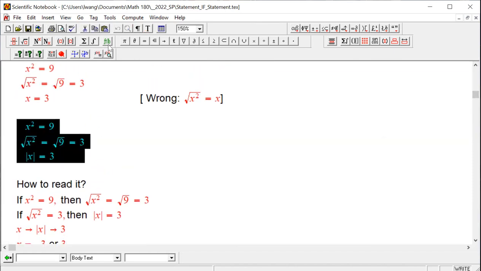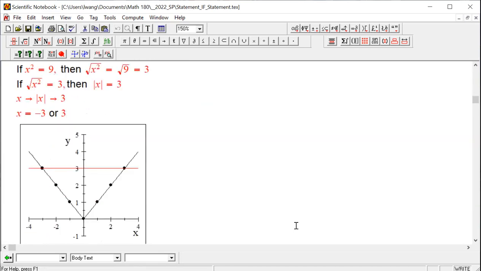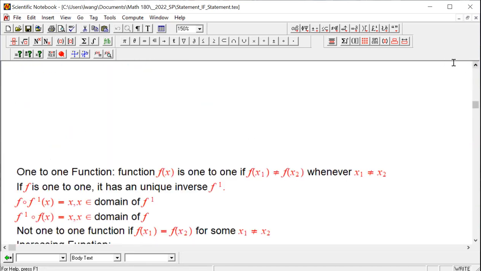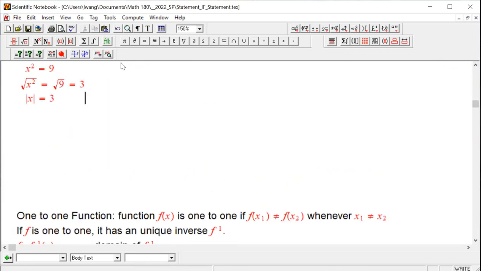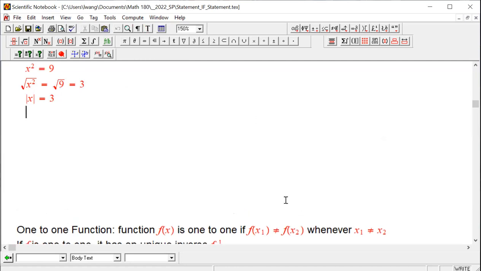We have shown you part of the work algebraically, and the next step, you can just write x equals +3 or -3.